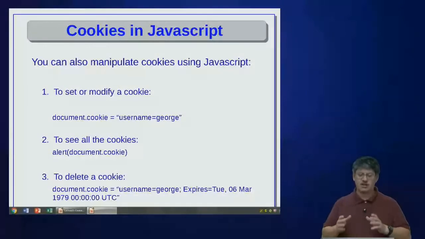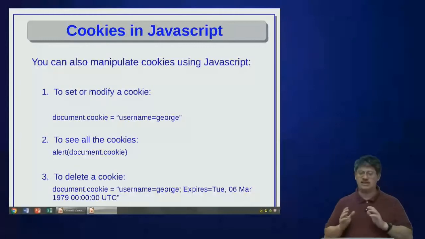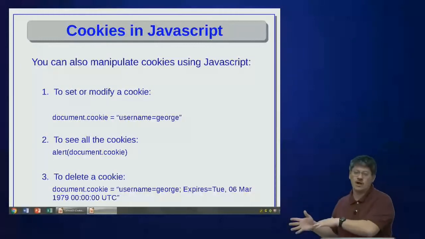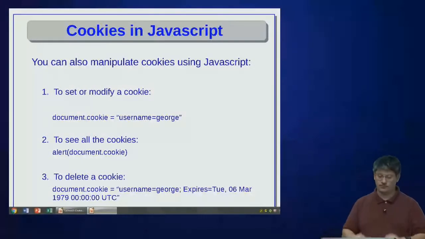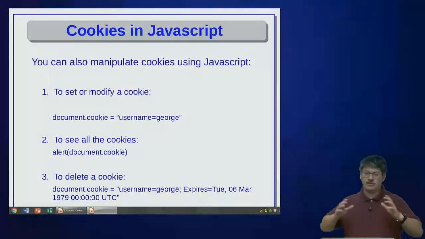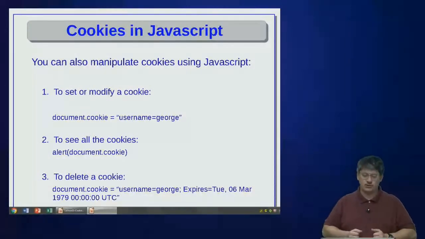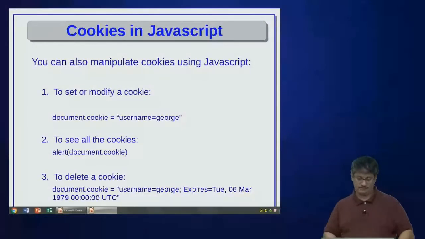If I say document.cookie = "username=George", and then I say document.cookie = "views=1", it won't replace username=George with views=1. It'll store both of them. And if I print out document.cookie, maybe by doing an alert like I've done here in point 2, it'll actually show me all the cookies. It'll show me username is George and views is 1.